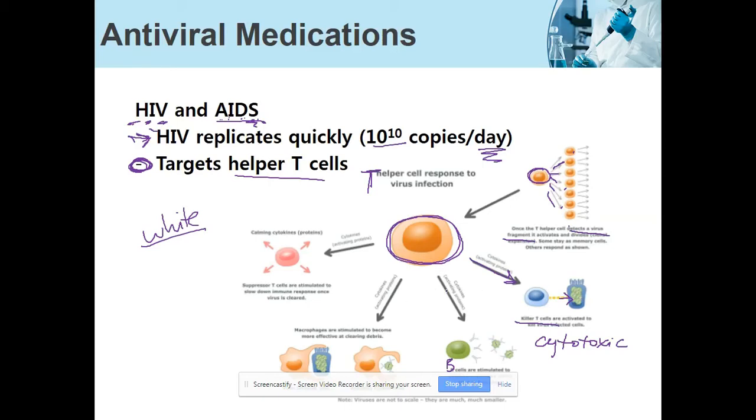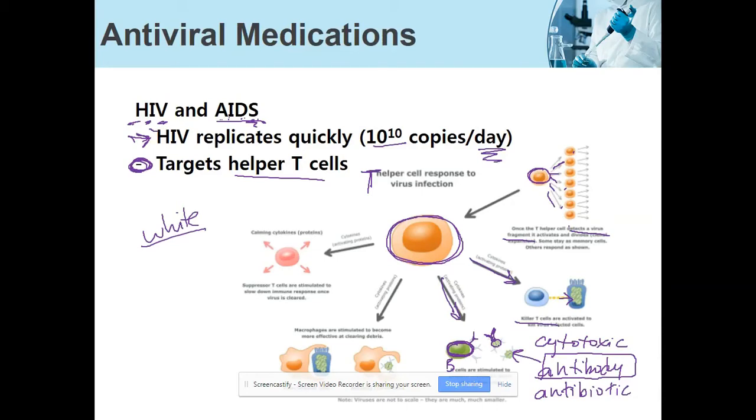Another thing that helper T cells do is that they activate these B cells, plasma B cells, and their job is to make antibodies. Be careful, antibody is not the same as antibiotic. So we make antibodies with our B cells. Antibodies are these little Y-shaped proteins, and what they do is bind to viruses or bacteria or fungal spores, whatever it is that's making you sick. An antibody will bind to it.